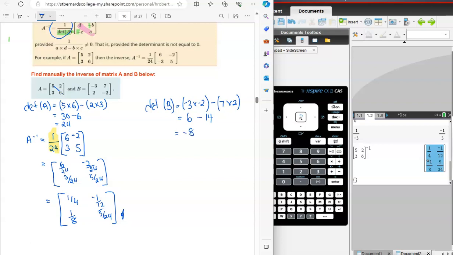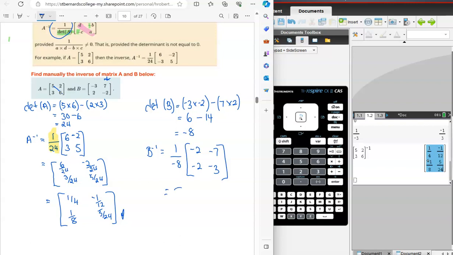So then to find the final inverse, I do 1 over the determinant. I swap those positions around. So -2 goes up here, -3 goes down there, and I make the other ones negative. If they were already negative in the original matrix, they become positive. So you're pretty much changing the sign of those two.